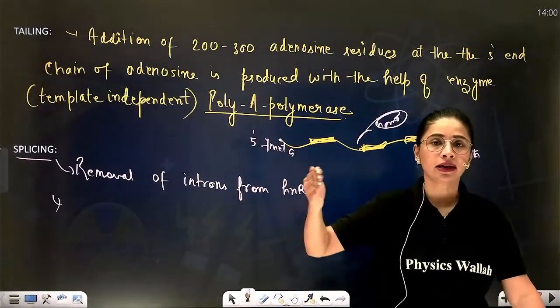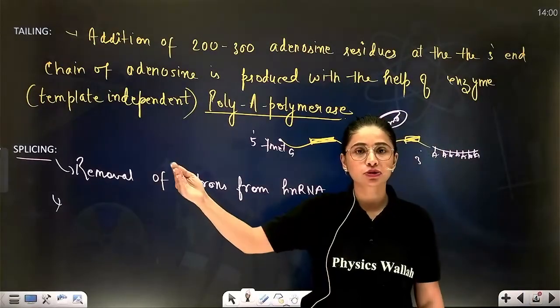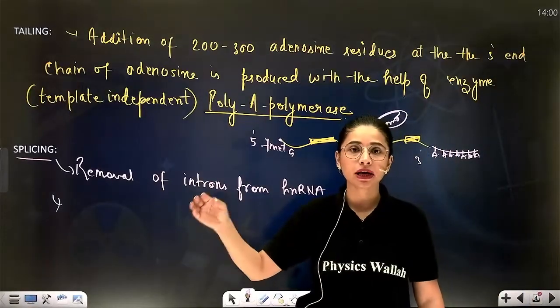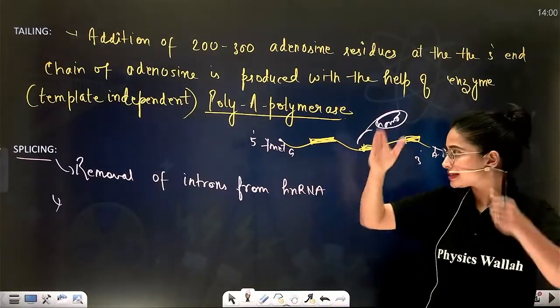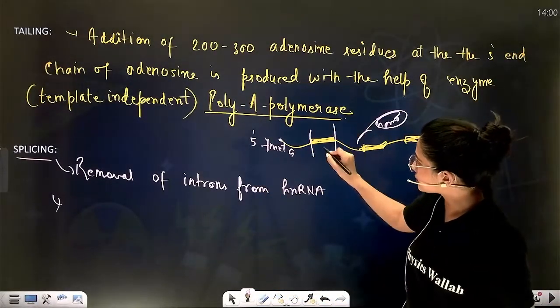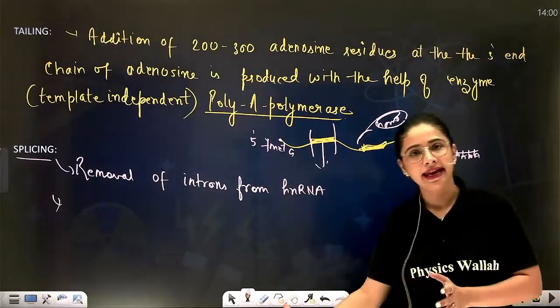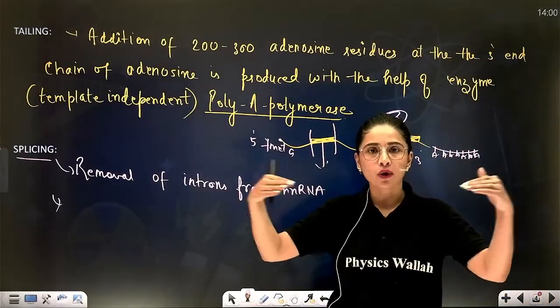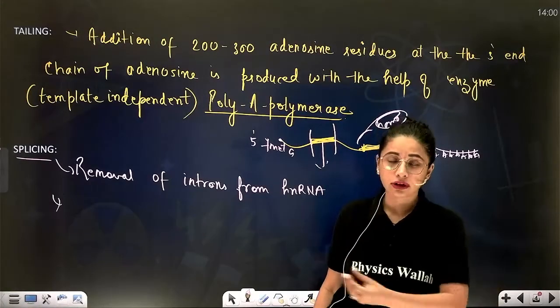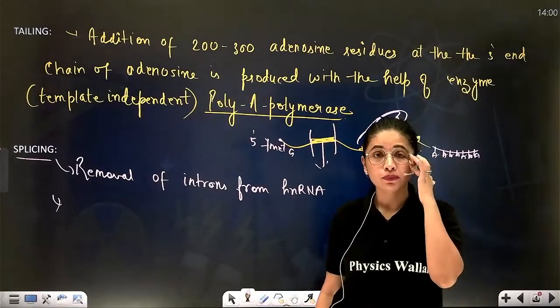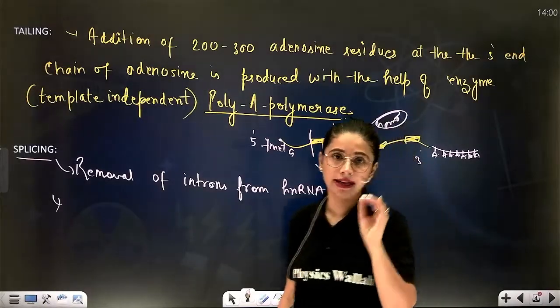So snRNA plus protein complexes is known as SNRPs. These SNRPs are required to cut the introns, and once the introns are cut, this part will be removed, and then ligase enzyme will come to join the remaining fragments of the RNA to make a homogeneous strand.